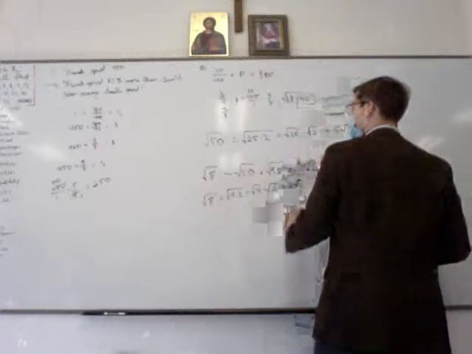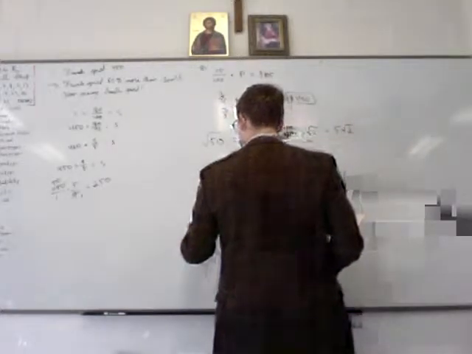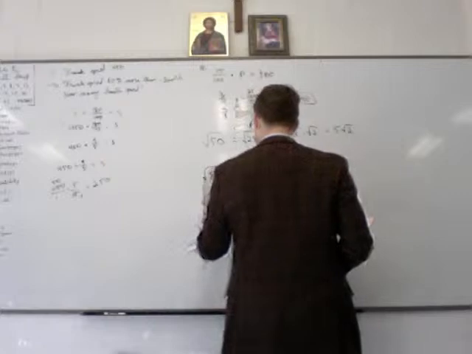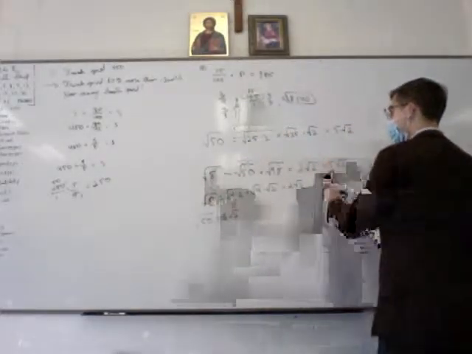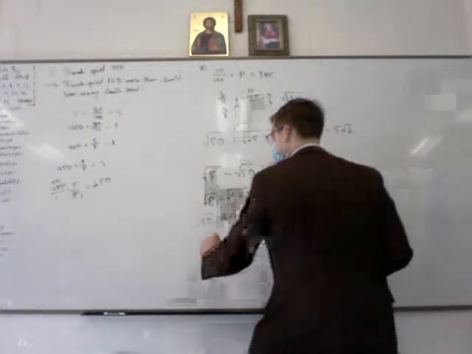And then minus 5 radical 2, because we said already that the square root of 50 is 5 radical 2. Plus the square root of 98. What about 98?